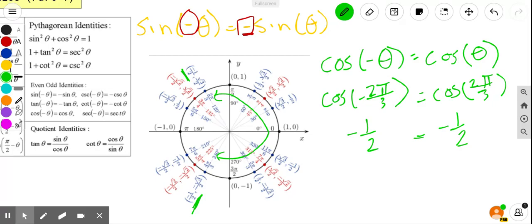because we're still rotating clockwise or counterclockwise, it doesn't matter because the x values are still going to be the same. Either way, we go from positive x values to negative x values.